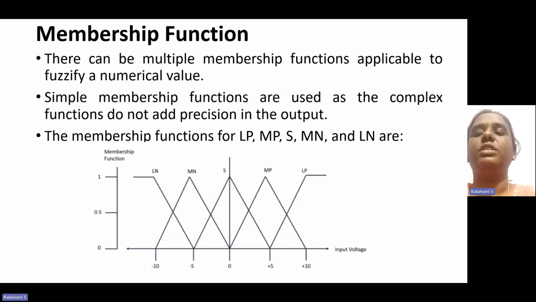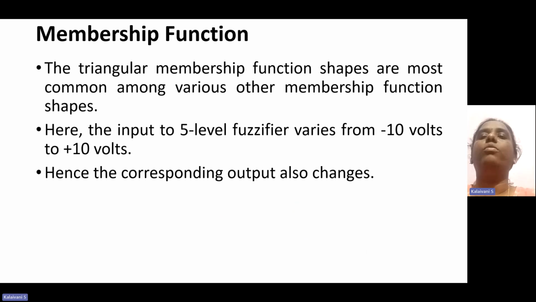Mostly the membership functions make use of the triangular membership function shape, because most of the values fit into this particular triangular shape. That's why most of them use the triangular membership function for any kind of data representation.